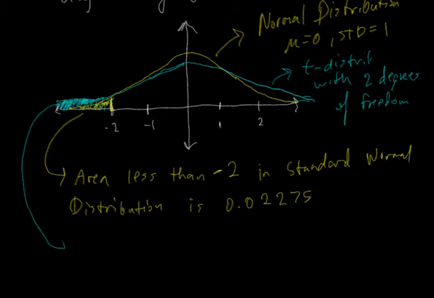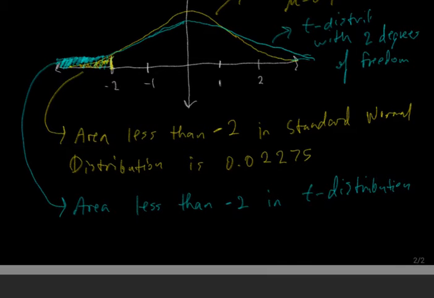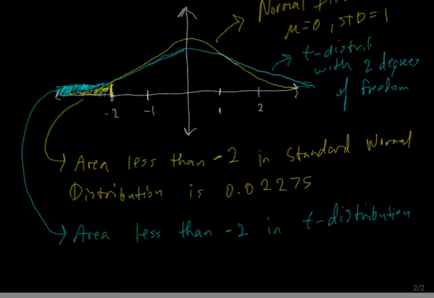So the area less than minus 2 in the t distribution is 0.09175.